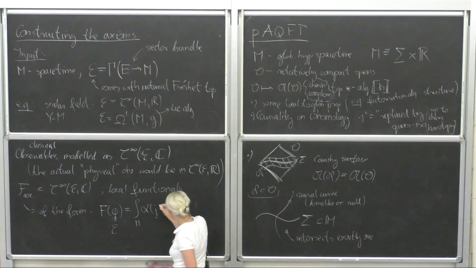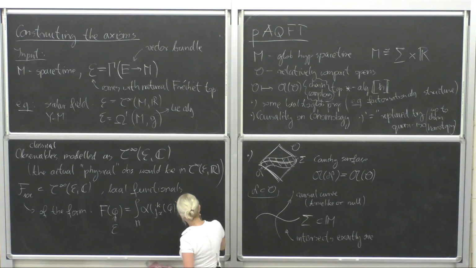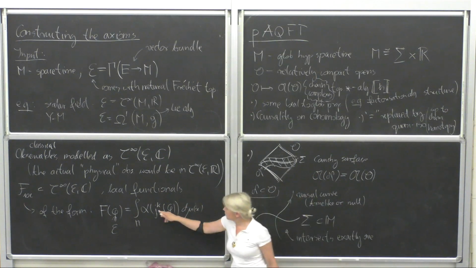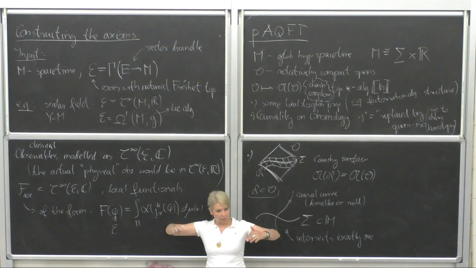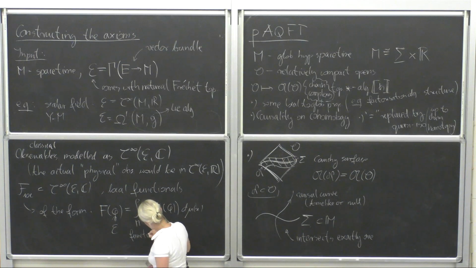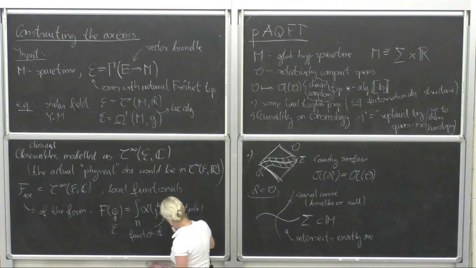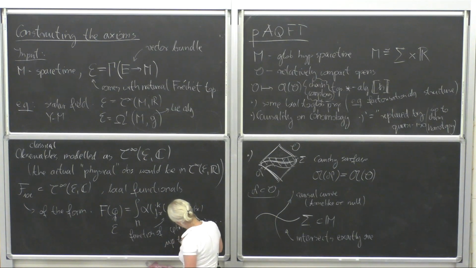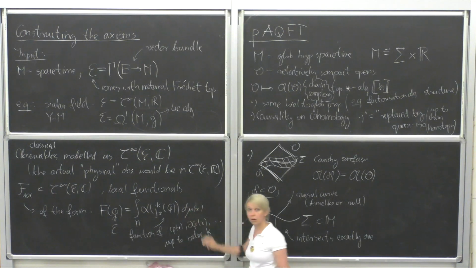Either you can say it more precisely and say this is a function of a jet of phi integrated with some volume form, or you can be more down to earth and say this is a function of the field and its derivatives up to a fixed order. So a function of phi of x with some indices, d phi of x and so on up to order k. So these are local functionals.